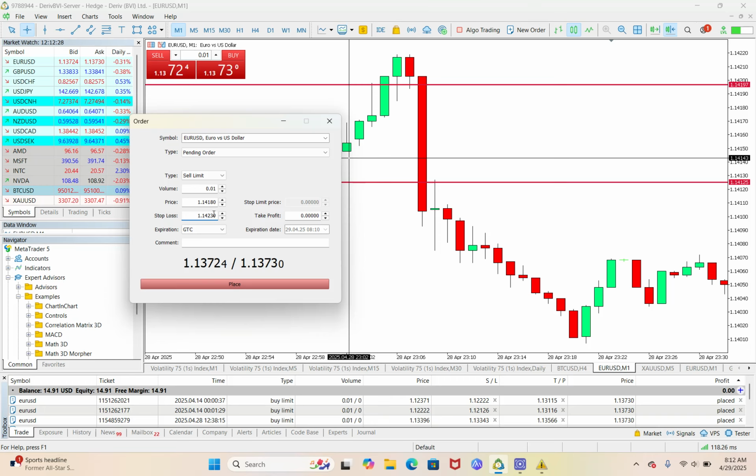Okay, so 180 minus 150 equal 30. Right, so our take profit is 14,030. So this trade is set.